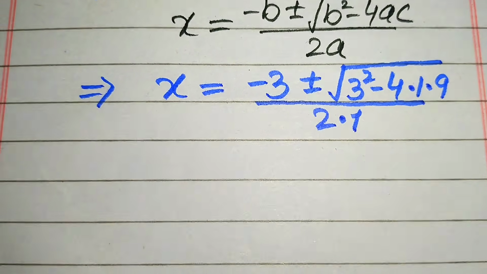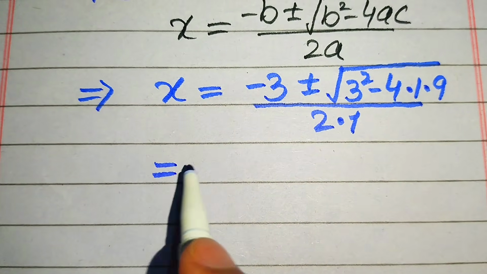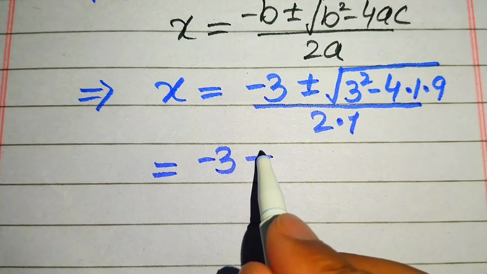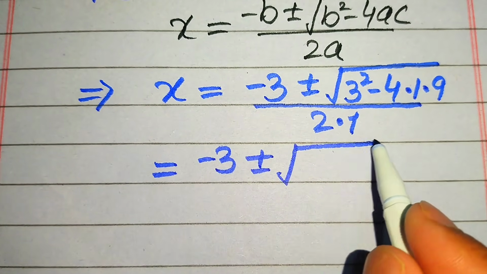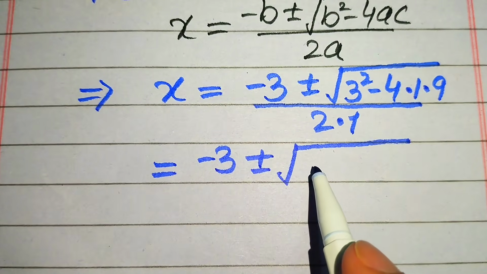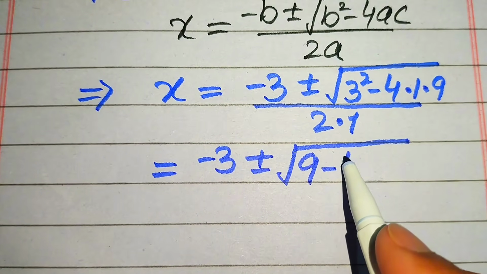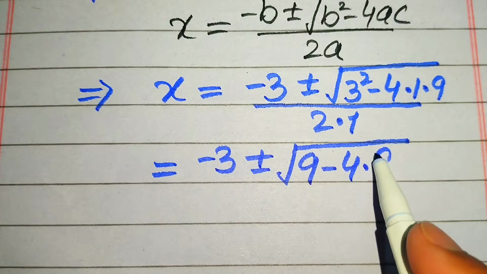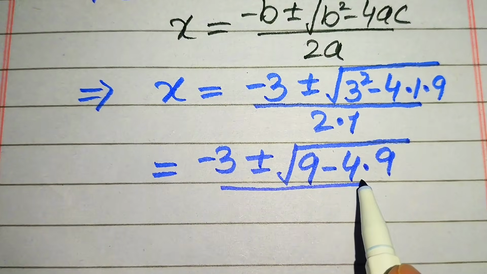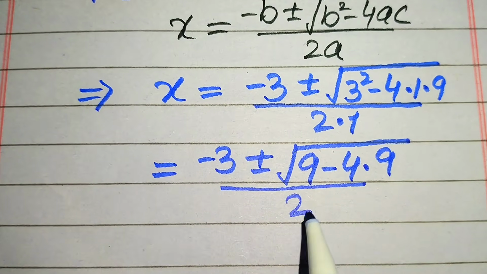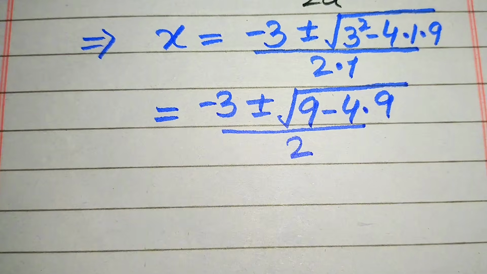In the next step we simplify: minus 3 plus minus square root of 3 square, which is 9, minus 4 multiplied by 9, divided by 2 times 1, which is 2.